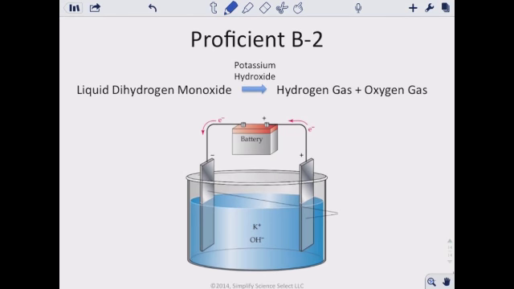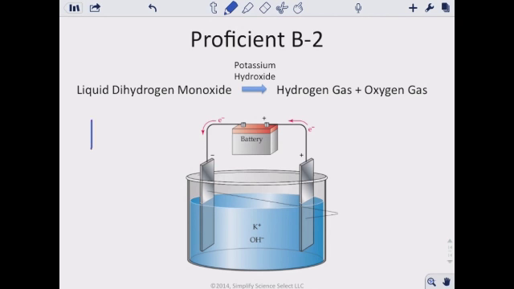And we see that this is the same word equation that we wrote. We have liquid dihydrogen monoxide, that's water, so we have H2O, and it's a liquid, so we go ahead and put an L. With our catalyst of potassium hydroxide. So again, we have to write the formula for it, and potassium is going to be K. Hydroxide is a polyatomic, it's OH.